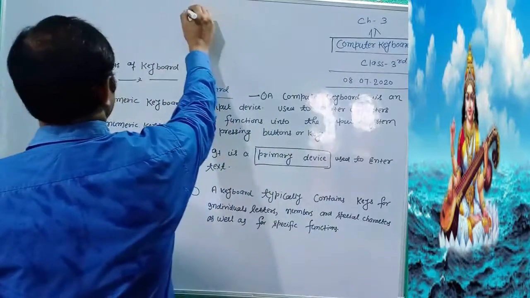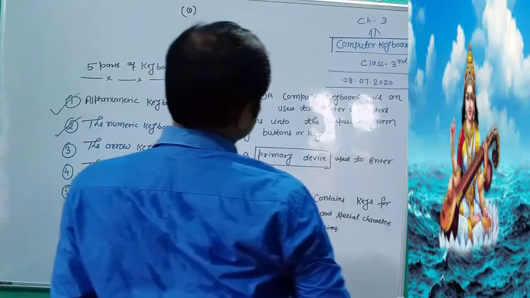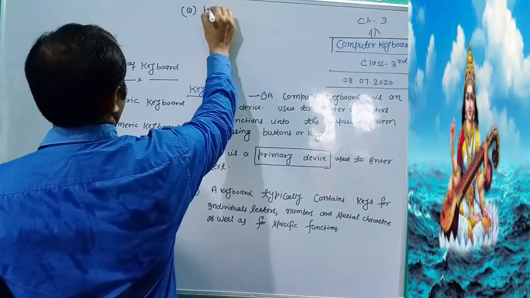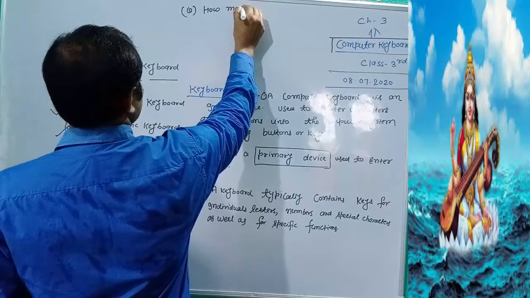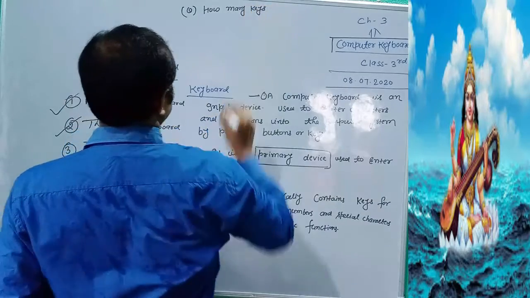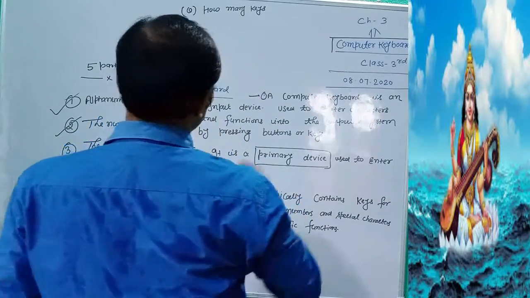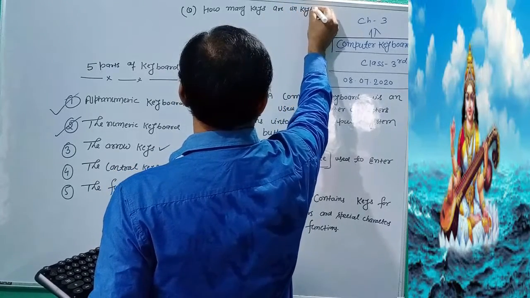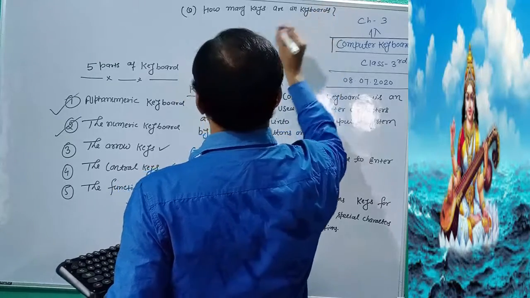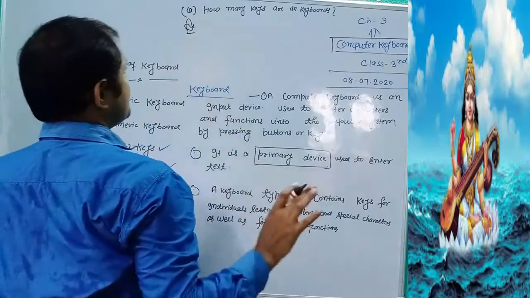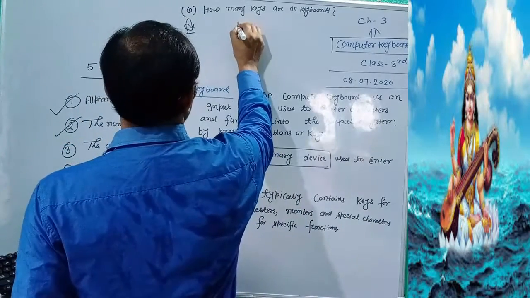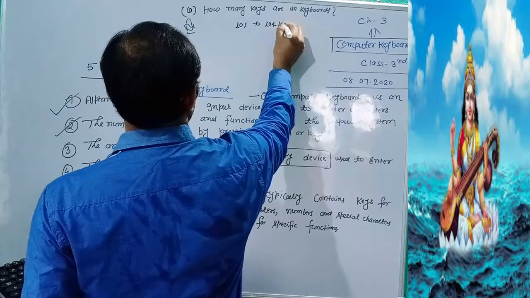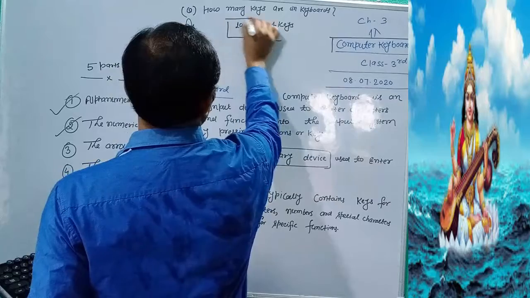My dear students, one question is always in your mind: how many keys are in a keyboard? You can always remember 101 to 104 keys are generally available in the keyboard.